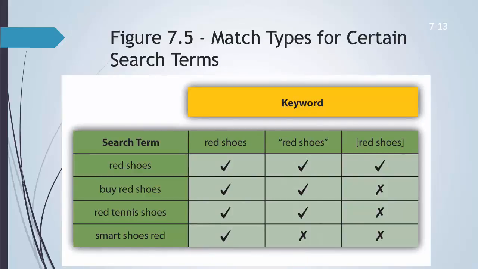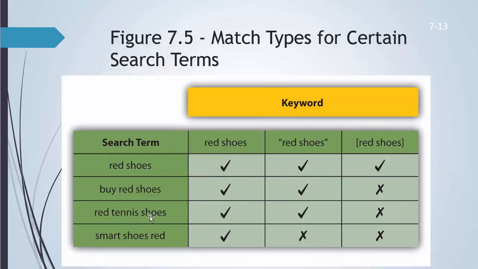So here's some examples. We've got our keywords. This first column represents the broad match. So the search term is what a person types in. This is a broad term that will match. Yes, yes, yes. It's got shoes. It's got shoes in red. Yes. Okay. Now, the second column here is a phrase. Notice it's in quotes. So that'll match for red shoes.